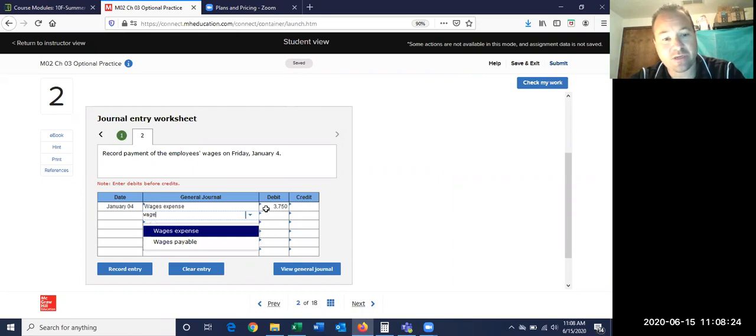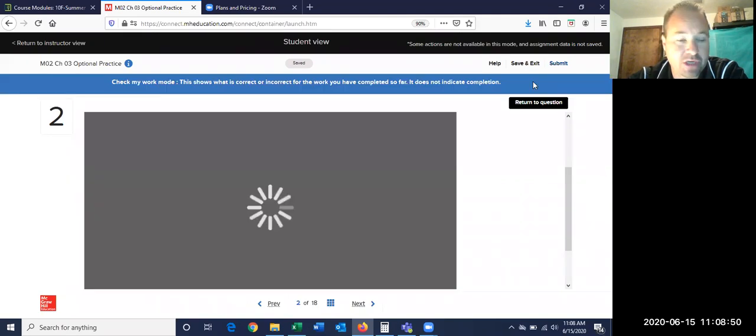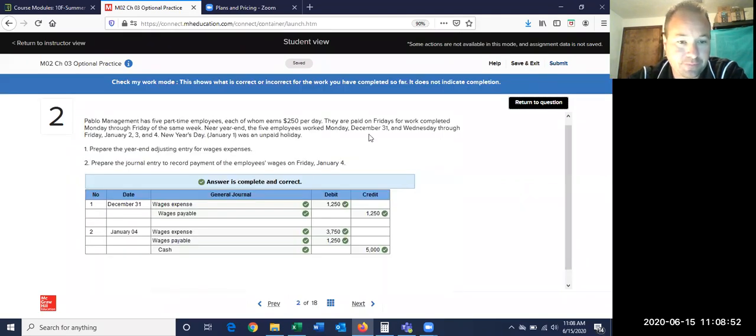And this is where we needed to remember that last month we still owed our employees $1,250 as wages payable. So I need to now get rid of that because I'm paying that off. And then finally, I need to show that, yep, I am paying everything off for a total of $5,000. And then I want to just check my work. Everything looks good.